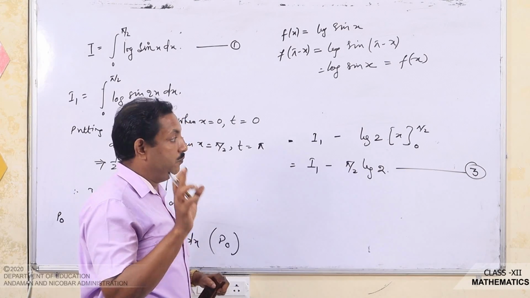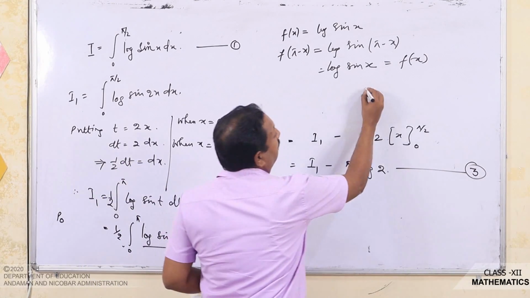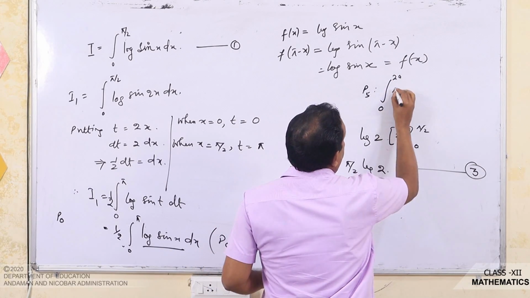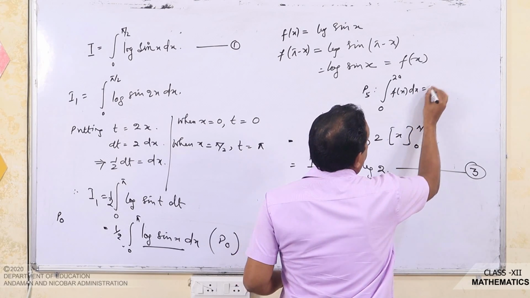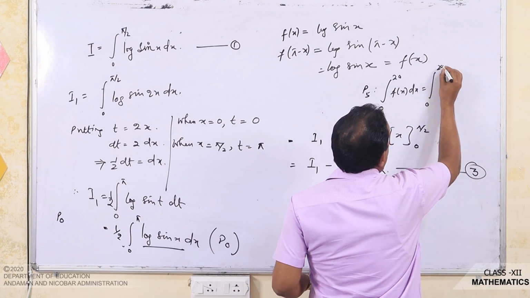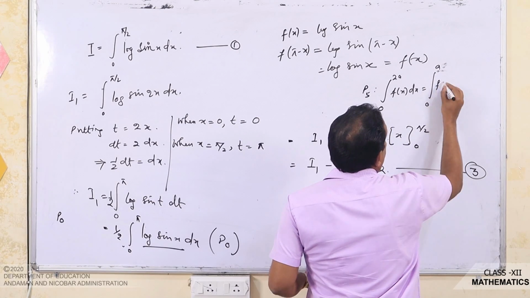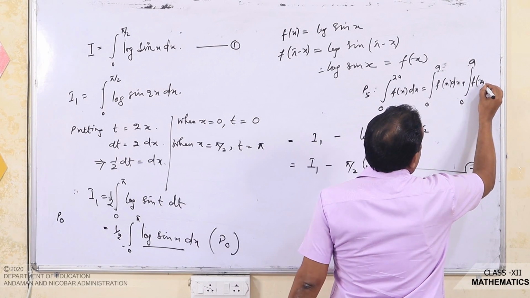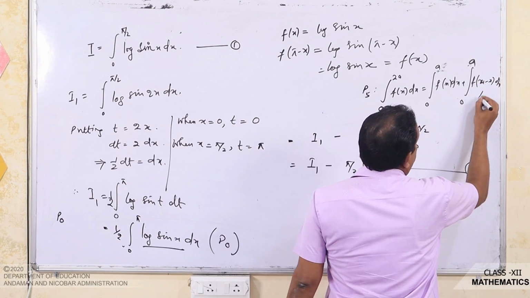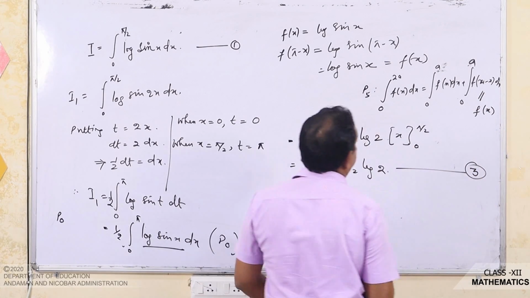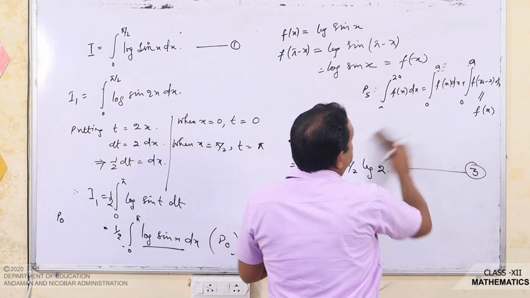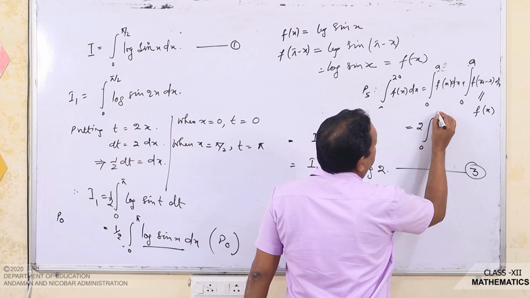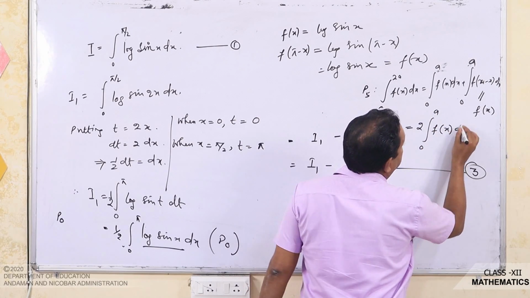Now we have the property, remember that property, that is P5. What does that say? 0 to 2a f of x dx is equal to 0 to a f of x dx plus 0 to a f of 2a minus x dx, and if this one is f of x, then this is equal to 2 times 0 to a f of x dx.